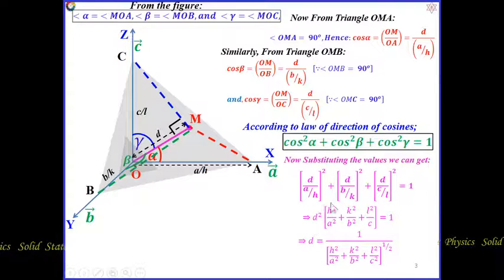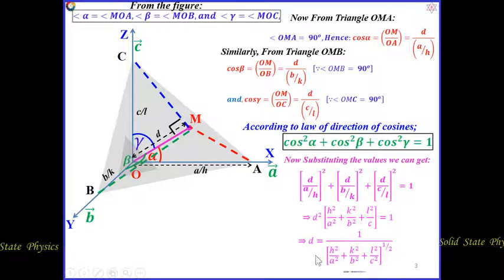That implies d square into h square by a square plus k square by b square plus l square by c square equals 1. Here I mistakenly did not write the square. That implies d equals 1 over the root of h square by a square plus k square by b square plus l square by c square.